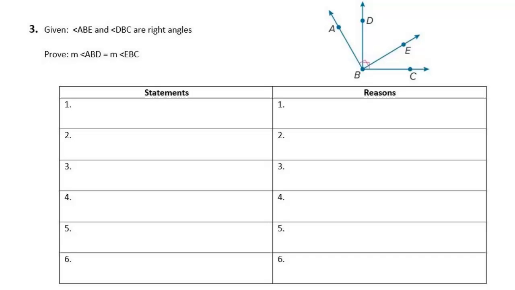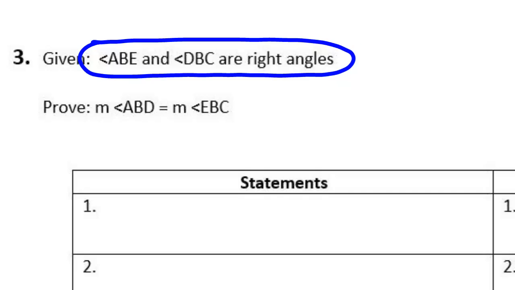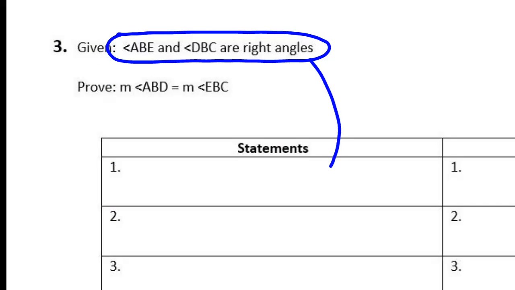So the very first thing that I would want to put down in my proof, my very first statement should be what? The given information. So angle ABE and DBC are right angles.